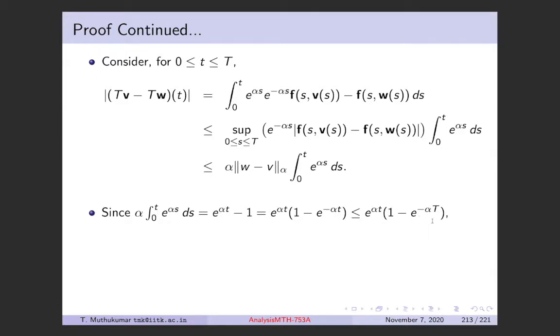So this is less than or equal to this, because all t's are coming from 0 to capital T. So from here we see that the alpha norm of this quantity is less than or equal to this, right, where this has become this.